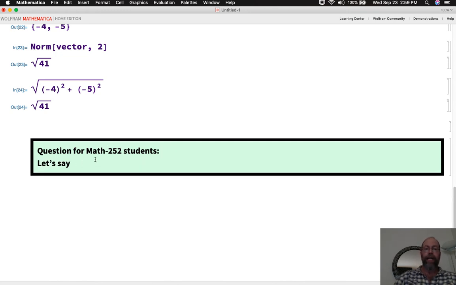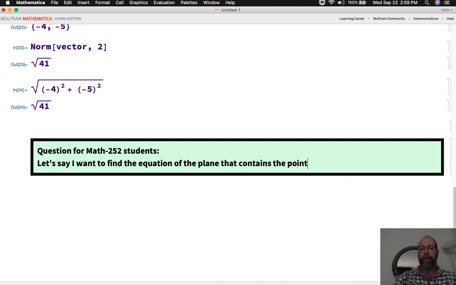So let's say I want to find the equation of the plane that contains the points, and I'm just going to make up any points in three-dimensional space: (4, 3, 1), (4, 2, 1), and (10, 1, 23).